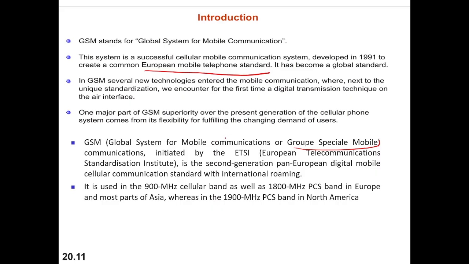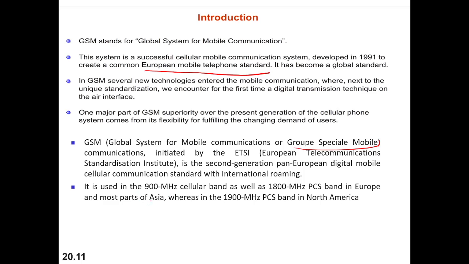Before getting on to that, the cellular band uses the 900 megahertz cellular band, as well as the 1800 megahertz band, the PCS band, which is the Personal Communication System band, in Europe. Depending upon the area and the country, you have the frequency regulations, the licensing and all that.